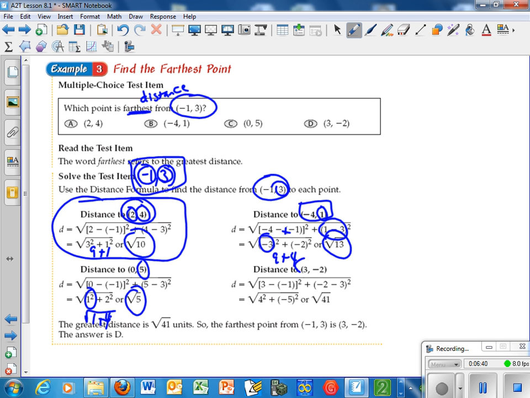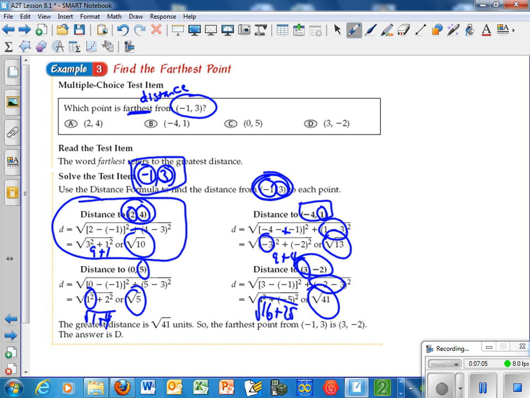And then they do the point 3, negative 2. How far away from negative 1, 3 is that? So the x value 3 minus a negative 1, which is right here, which ends up being 4. So 4 squared. Here we do negative 2 minus 3, which is negative 5 in parentheses squared. So that's 16 underneath the root plus 25. Add those two together, square root 41.